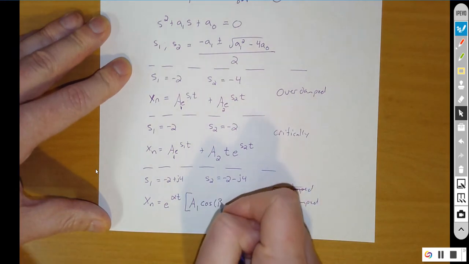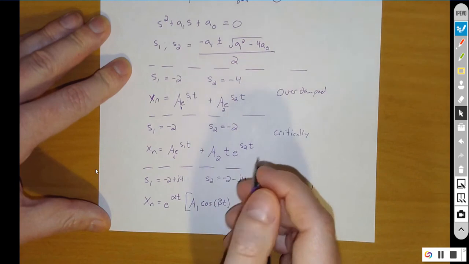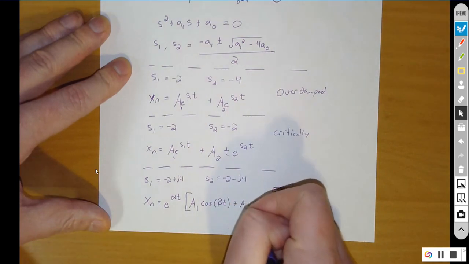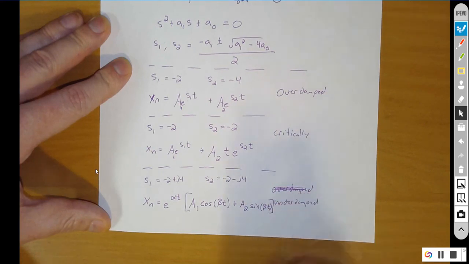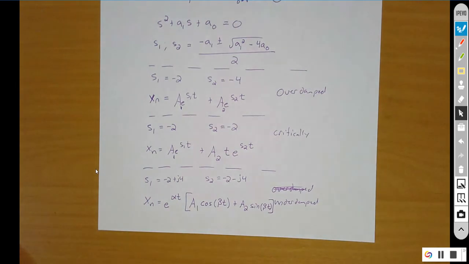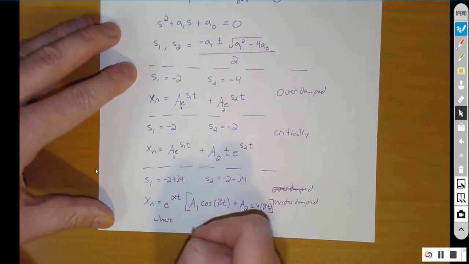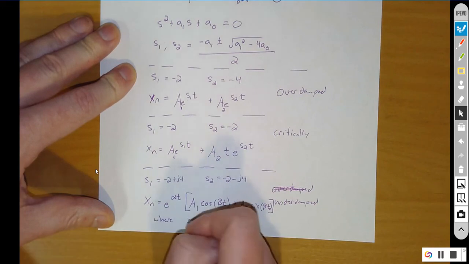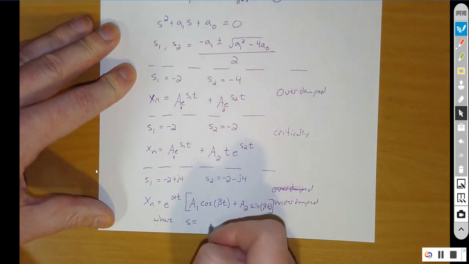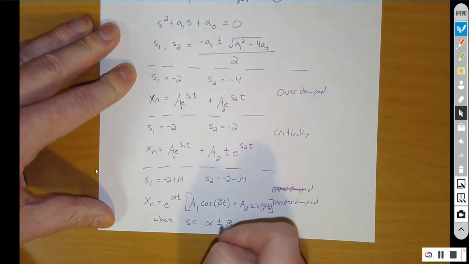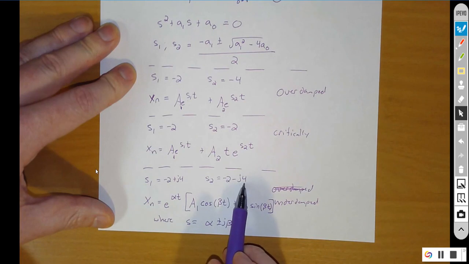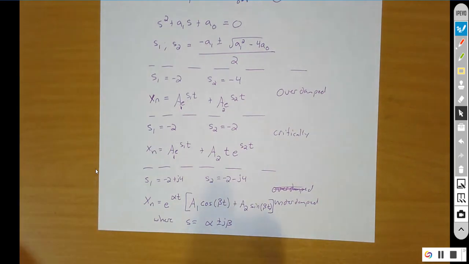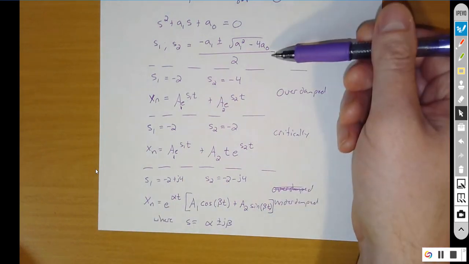Cosine beta t plus A2 sine beta t, close parentheses, where S is equal to alpha plus or minus J beta. So our alpha is -2, and our betas are plus and minus 4. We drop the J out and we put those in. And you won't have any phase shifts or anything out of this form because it's just a quadratic.